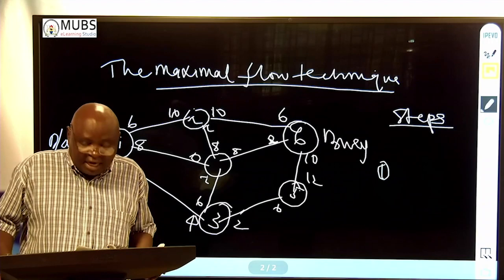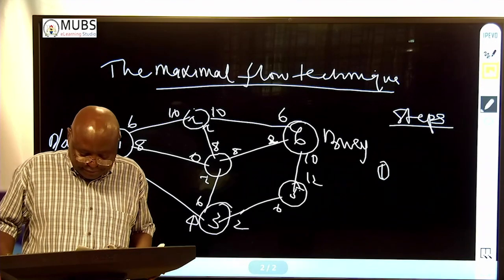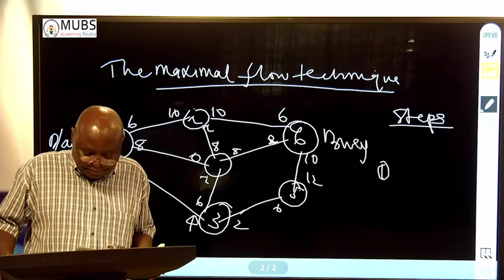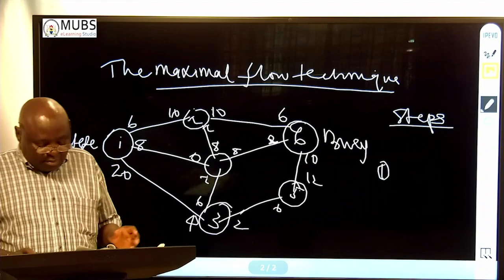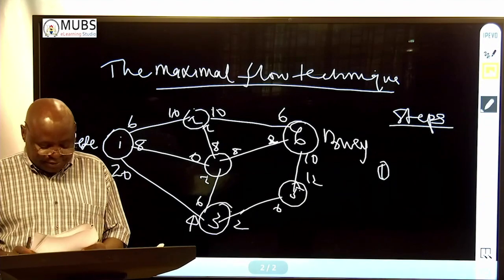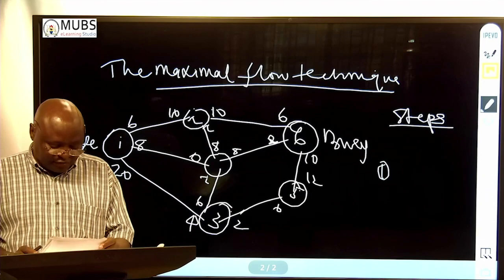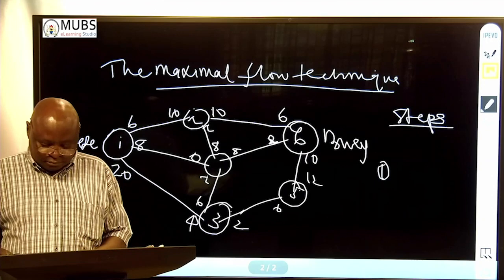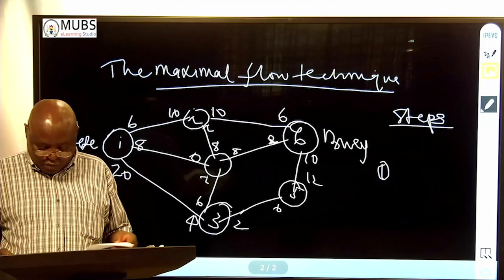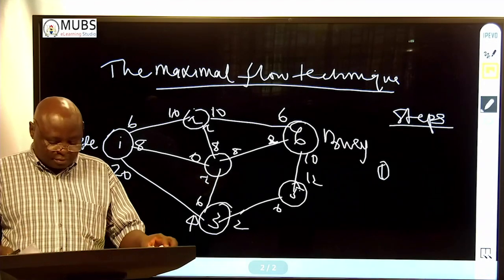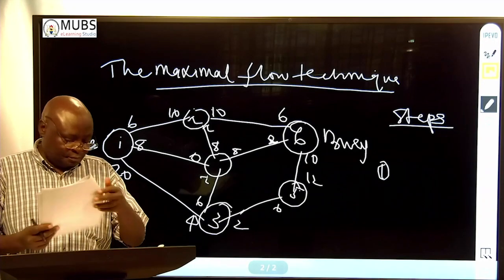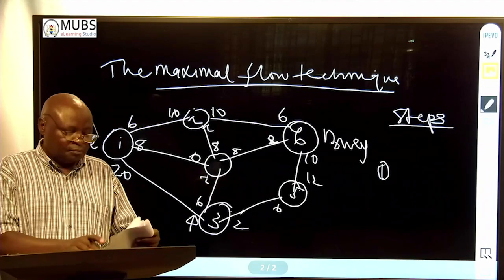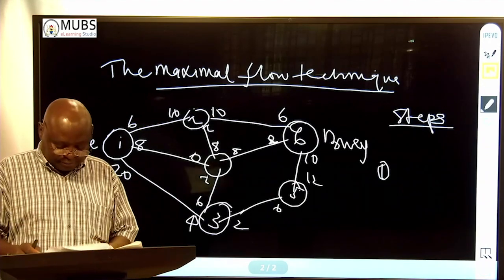Number 3, adjust the flow capacity numbers on the path. Number 4, repeat the steps above until an increase in the flow is no longer possible. So let's apply it here.